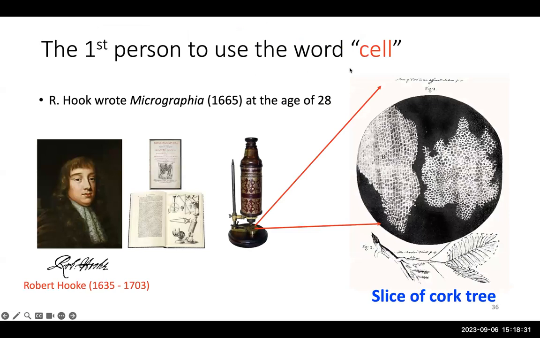Okay, the first person who identified this is called Robert Hooke. Do you guys hear me? Do you guys see my mouse? Yeah, excellent. So the first person is Robert Hooke. He is a very productive scientist and engineer. He also developed Hooke's law in mechanics, in elasticity.